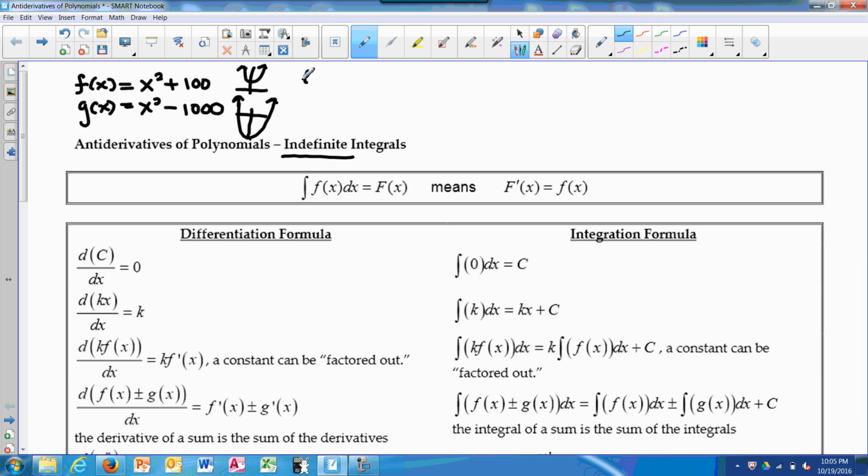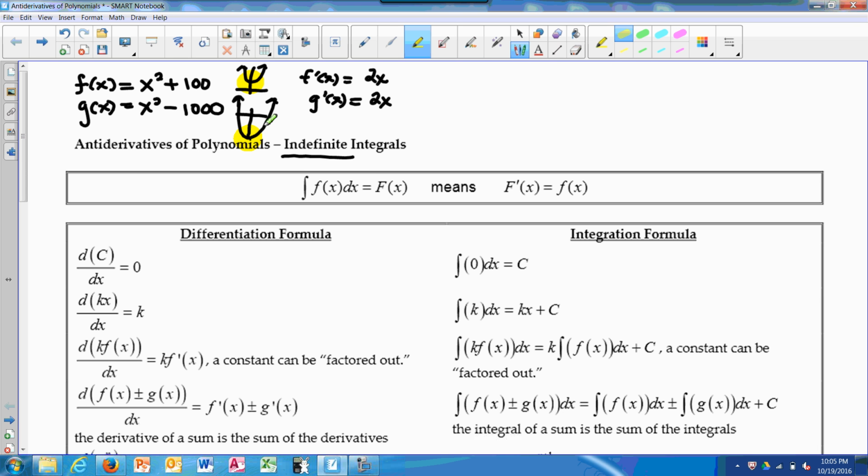However, f prime of x and g prime of x would both equal the same values. Both derivatives are 2x using the power rule. So that means on the f of x function at x equals 0, we would have a 0 slope, and on the g of x function, we would have the same slope.